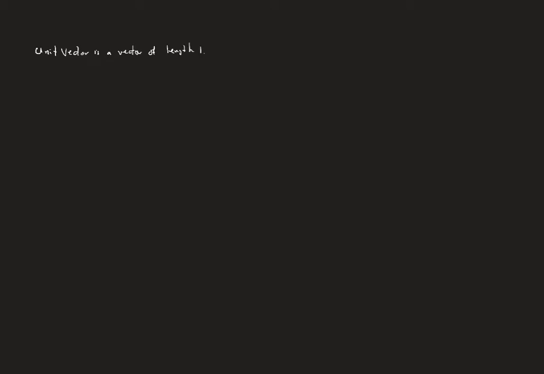And we have the idea also of a zero vector. A zero vector, which we will denote as 0 with that vector symbol over it, is the vector given by <0, 0>. And you can see that the magnitude of the zero vector is 0. It's really just a point.